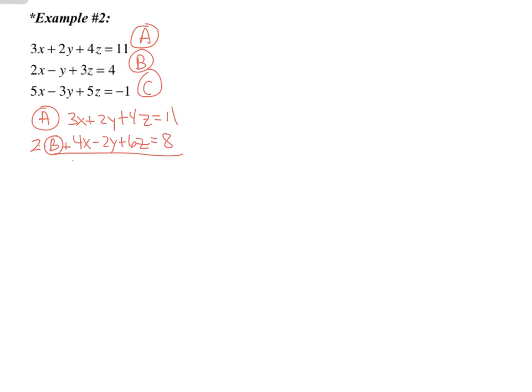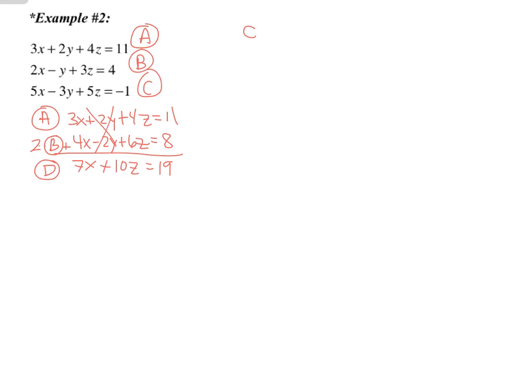I'll add straight down and get 7x, 2y plus negative 2y is 0. Eliminate it on purpose. 4z plus 6z is 10z. 11 plus 8 gives you 19. Can't reduce that at all, so I'll just leave it the way it is and call that equation D.